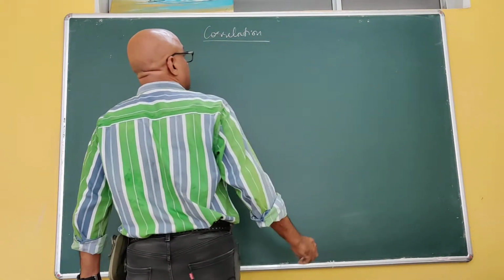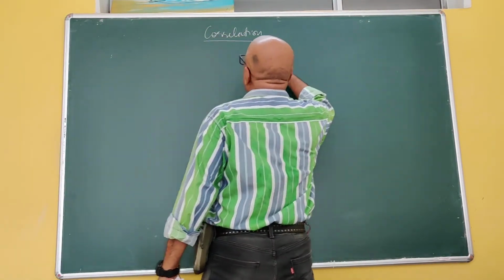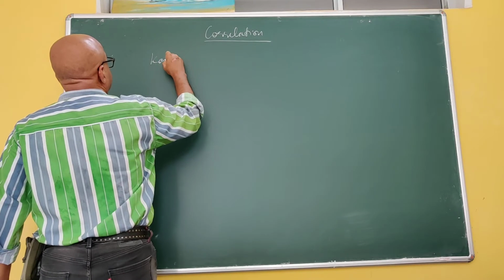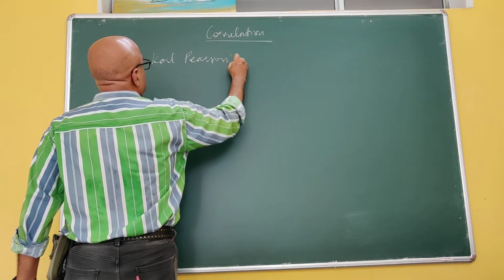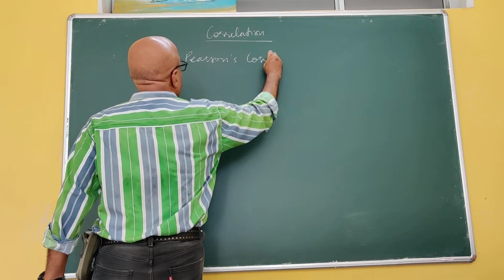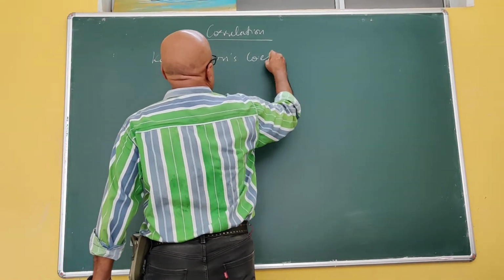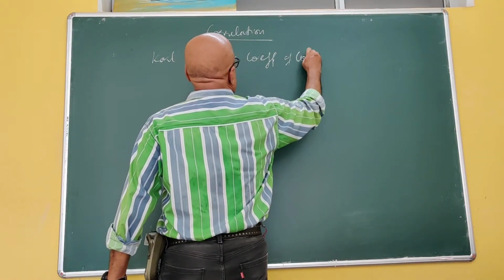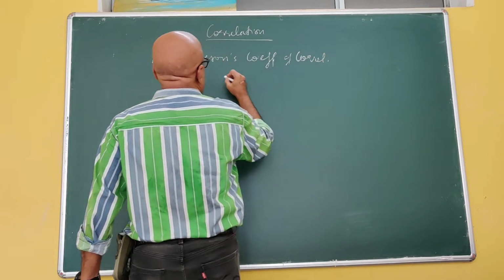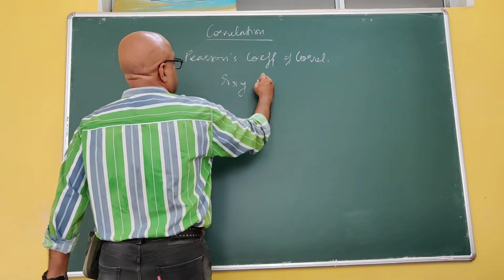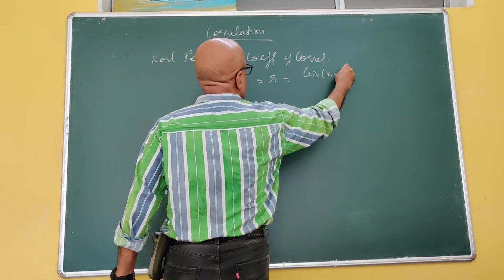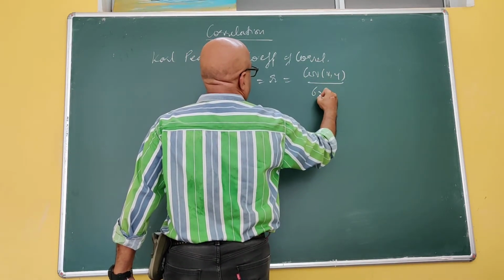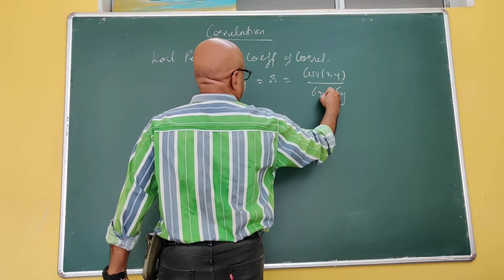So, Karl Pearson's correlation we have seen. Pearson's correlation coefficient, Rxy, which we simply write as r, is given by covariance xy divided by sigma x sigma y.